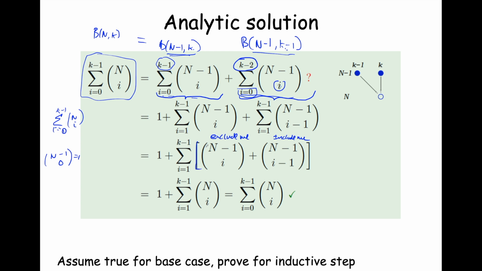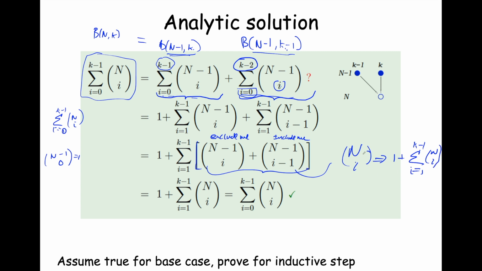And so this expression in the square brackets, n minus 1 choose i plus n minus 1 choose i minus 1, we can replace with n choose i. And so this gives us the equivalent expression, and write it over here, of 1 plus the summation i goes from 1 to k minus 1 of n choose i.